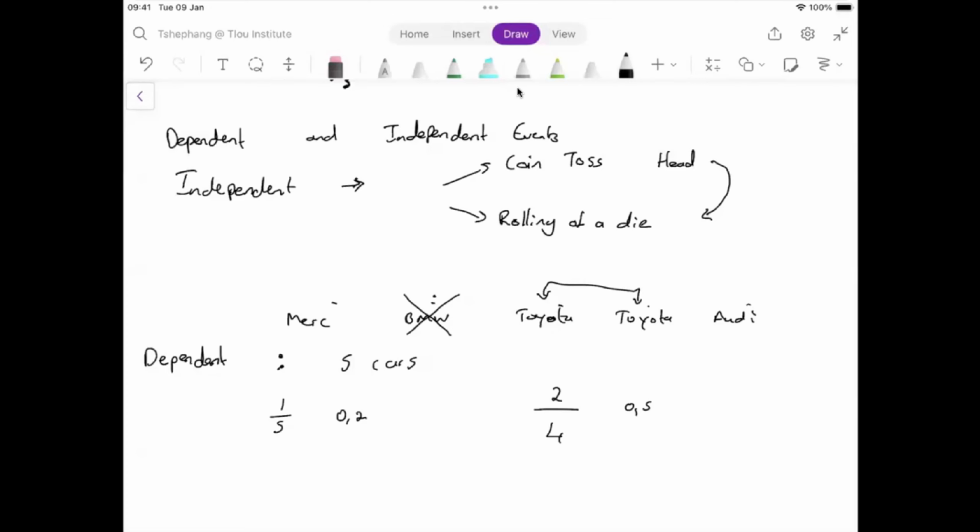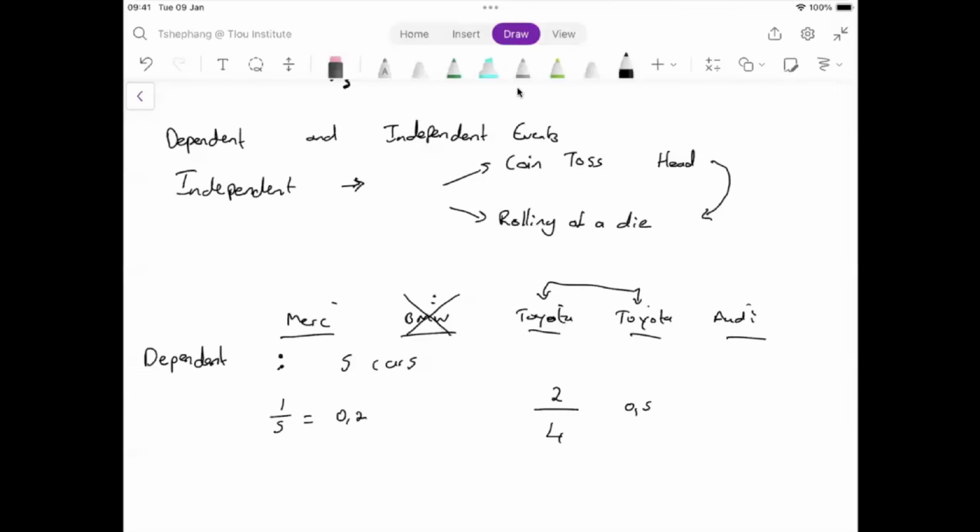That's for independent events. Now for dependent events, it would be this case here, where we don't replace. That's the easiest way to think of dependent events. The first outcome needs to affect the second outcome. So the first person comes and picks a BMW.